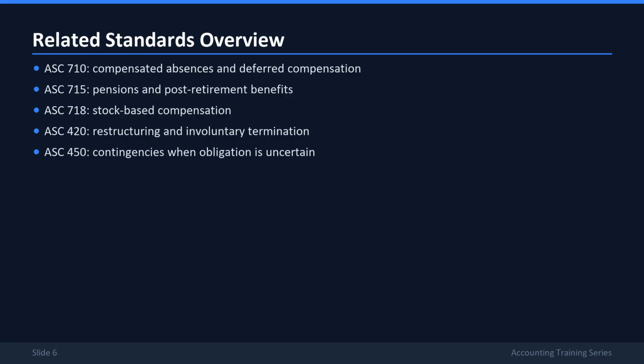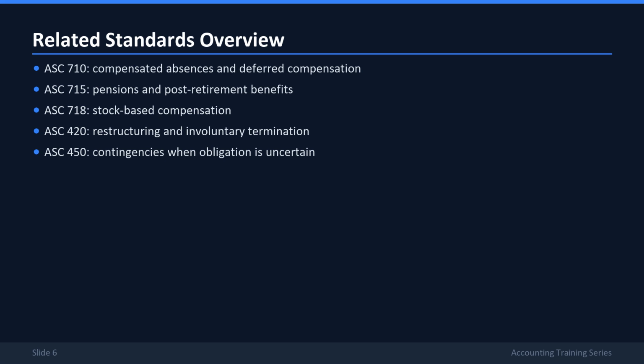ASC 710 does not operate in isolation. It sits alongside a family of employee compensation standards, each covering a specific area. ASC 715 covers defined benefit pensions and other post-retirement benefits. ASC 718 covers stock-based compensation such as options and restricted stock units.